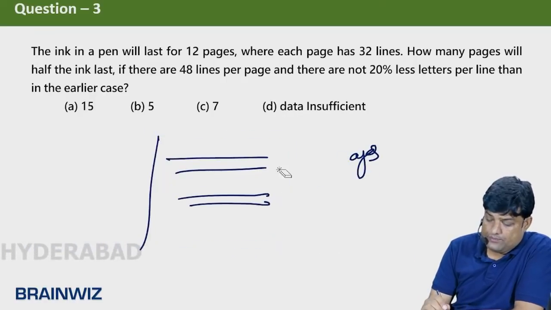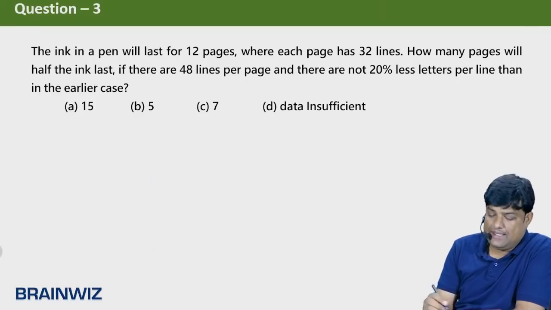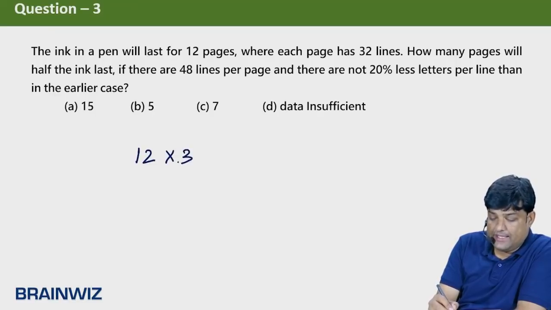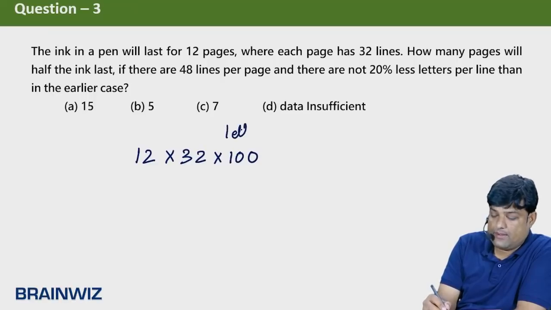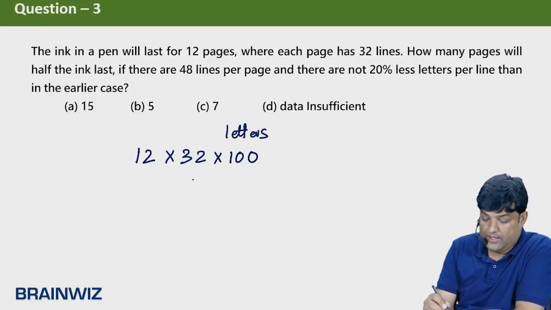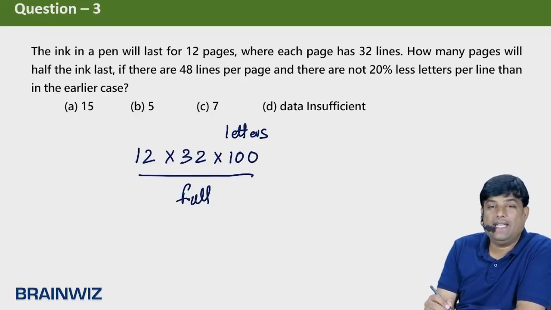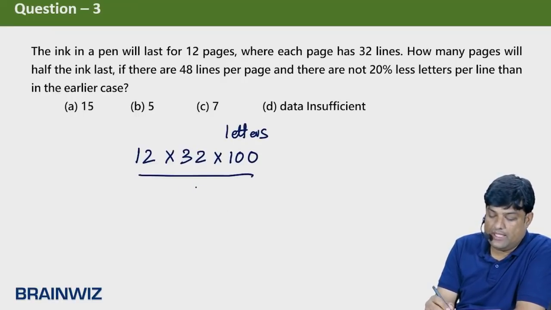Let's write that. Here, 12 pages takes 32 lines. Let's assume 100 letters you are writing. These letters will take the full ink bottle. Let it be full ink bottle as 1.